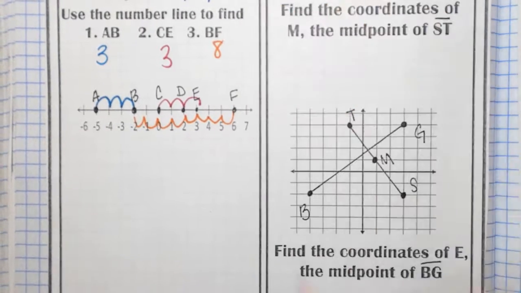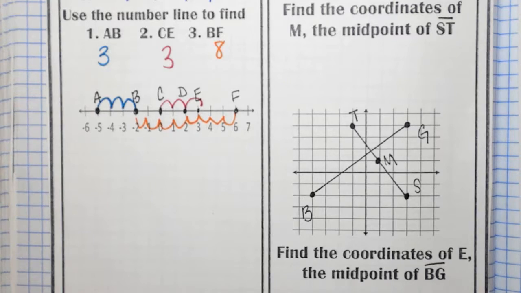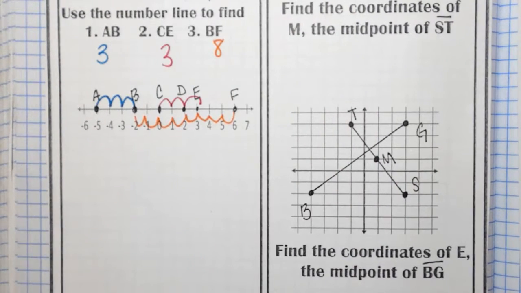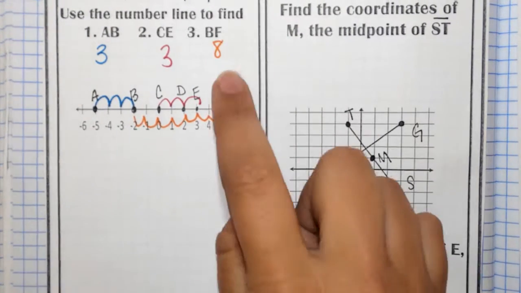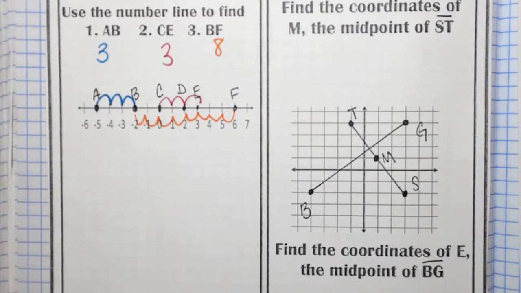Did y'all get 8? Look at us go. All right, y'all can't talk when we start pausing. We got to be quiet and do the work. So did everybody get 8 units? You just count.